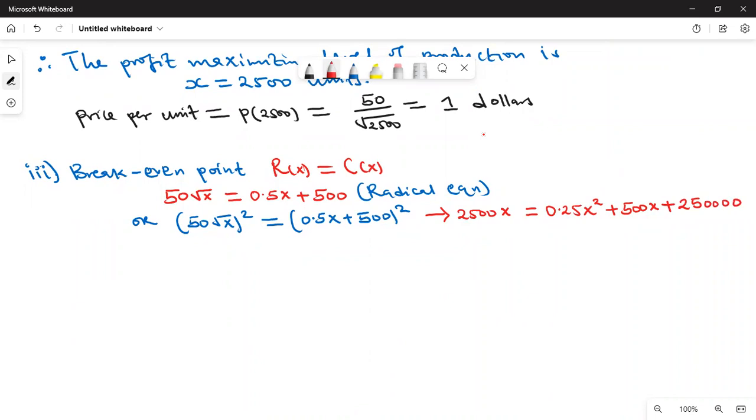So we need to simplify the equation. Let us take everything to the right hand side. So you can just say 0.25 x squared, then we'll have 500x minus 2500x. So what is that? 500 minus 2500 will give us minus 2000x.